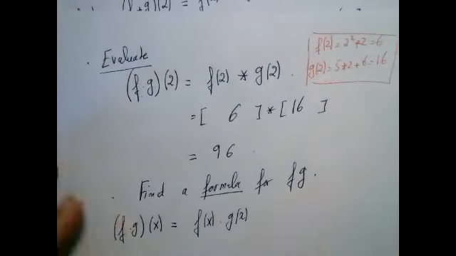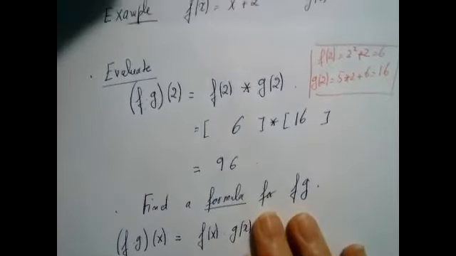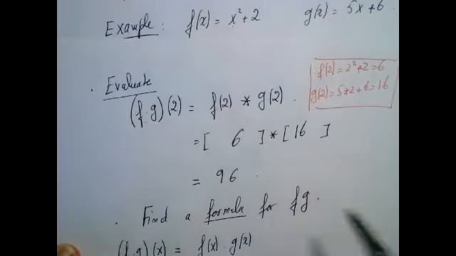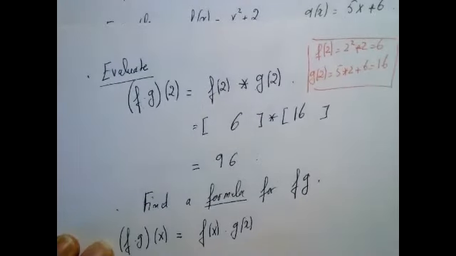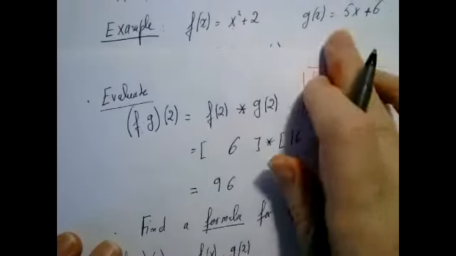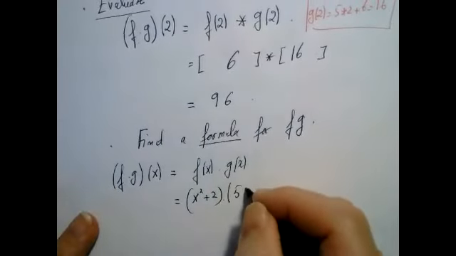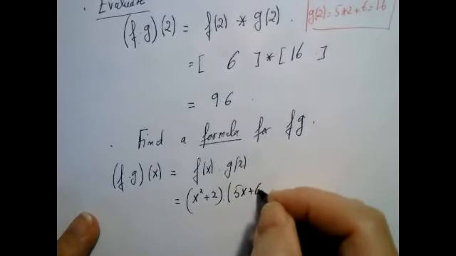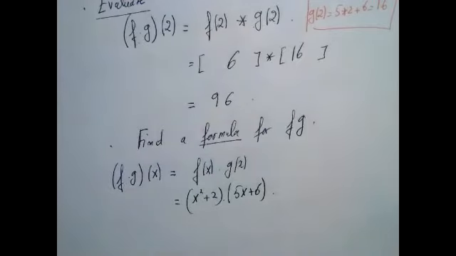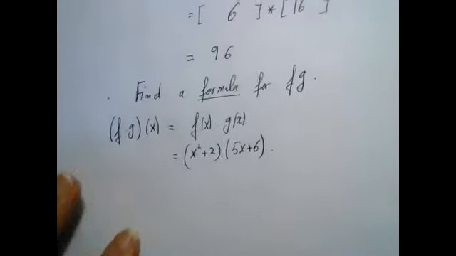It's equal to what? My f is x squared plus 2. So this is x squared plus 2. I will lift up the paper in a minute. My g is 5x plus 6. And now we just multiply them by each other and we get a nice expression.